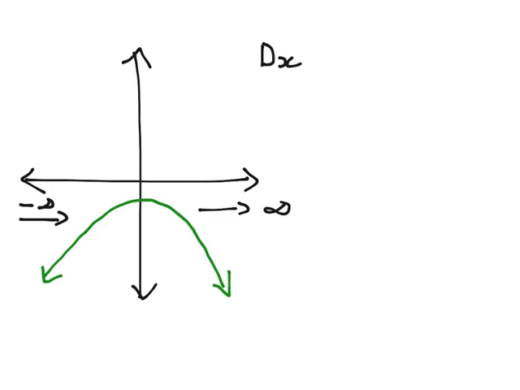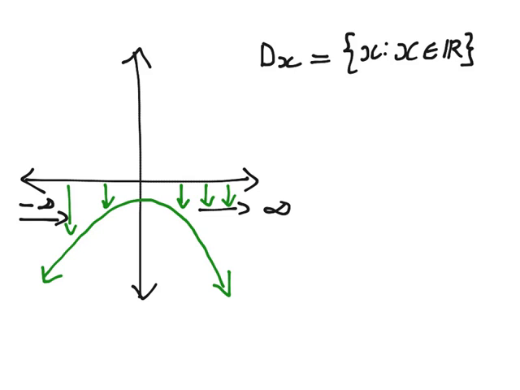Remembering, of course, that those are x points. So in this case, the domain again is any x value such that x is an element of the real numbers. On the other hand, we might ask, well, what is the range?